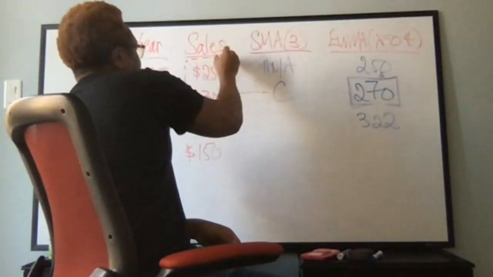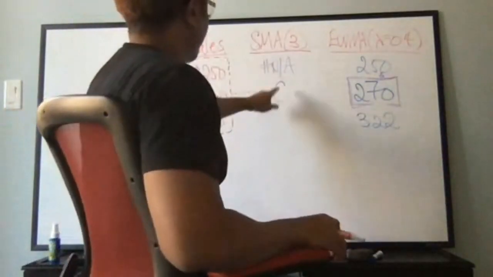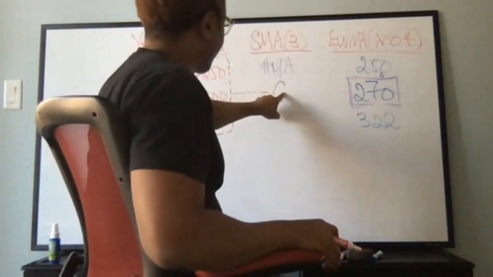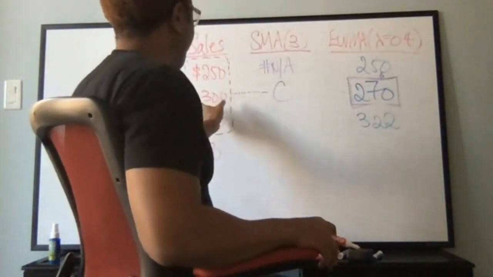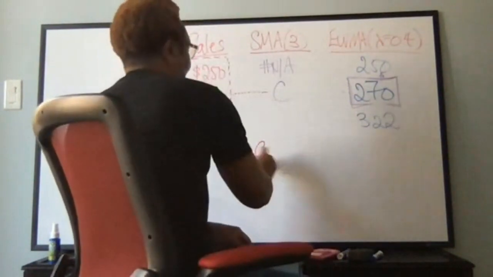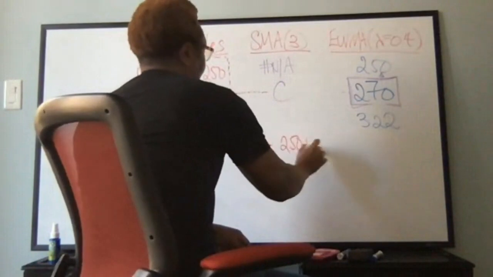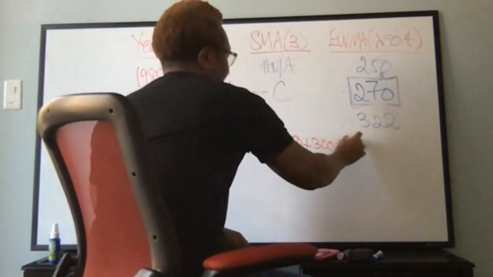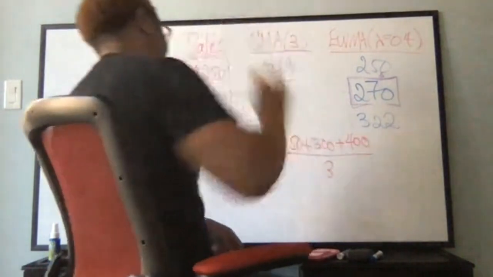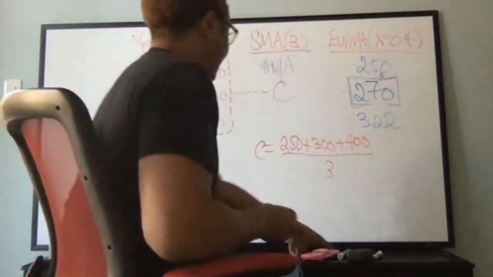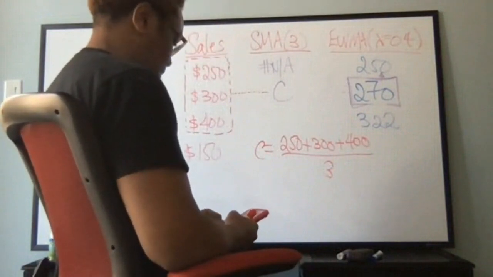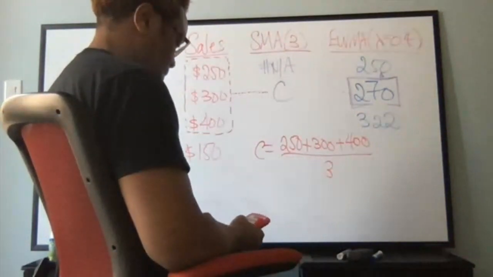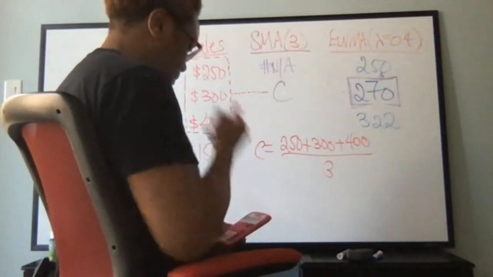So it's the same idea in terms of SMA. If that's 3, and this is my answer right here, then the middle suggests that the one on top and the one on bottom make this be in the middle. So we're going to have C equals that 250 plus 300 plus 400, and then all of that divided by 3. So let's see what this is. Okay, what did you get on that?